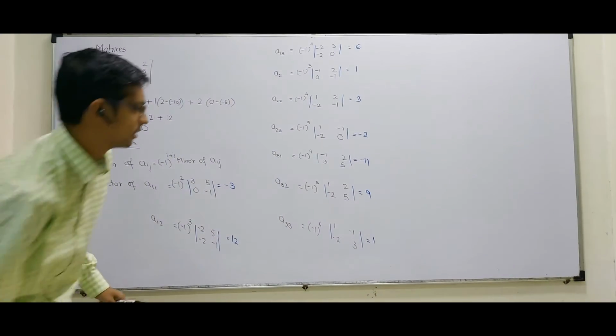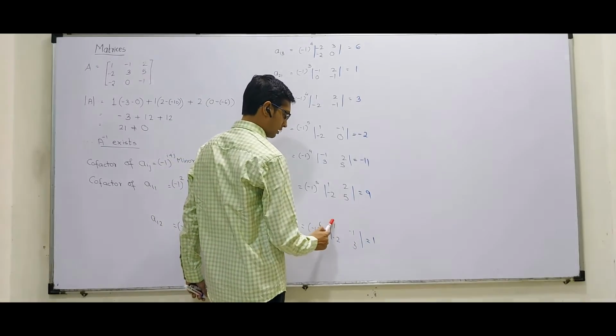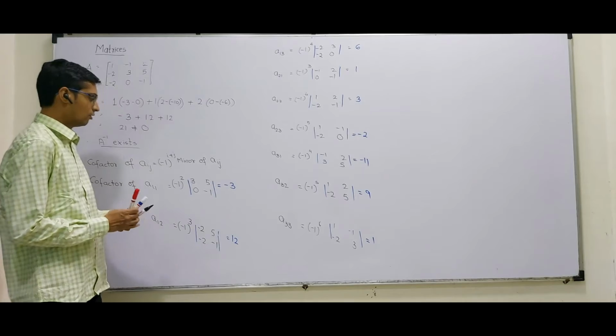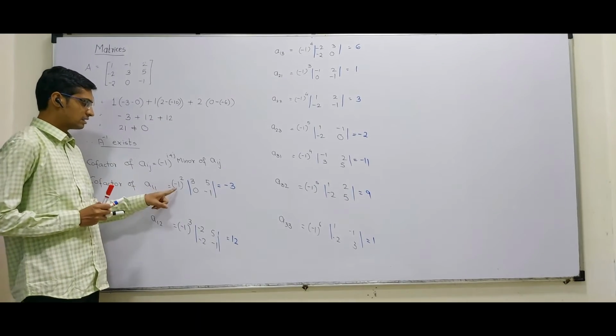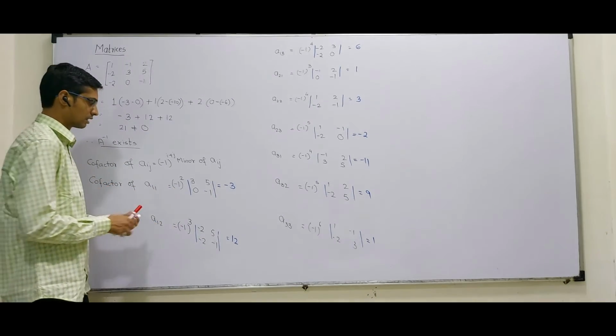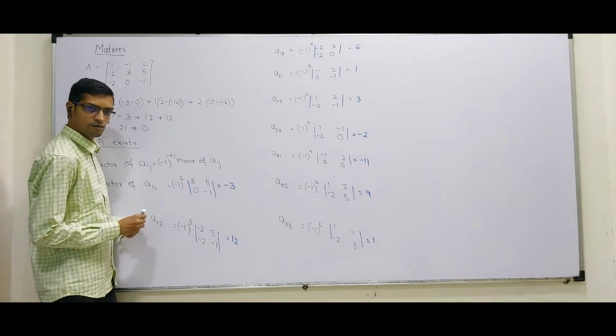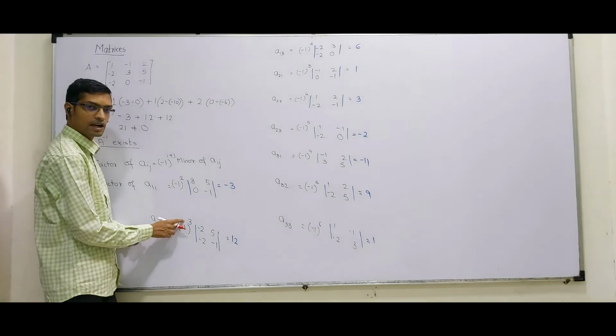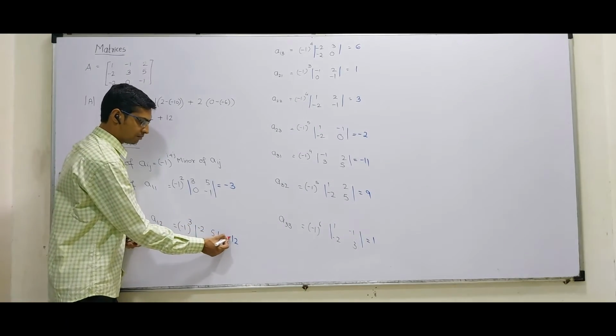It will be 3 minus of 2, 1. Now we need to think about these brackets. -1 का स्क्वायर क्या आएगा? 1, so no change. -1 क्यूब क्या आएगा? माइनस, तो it becomes -1.